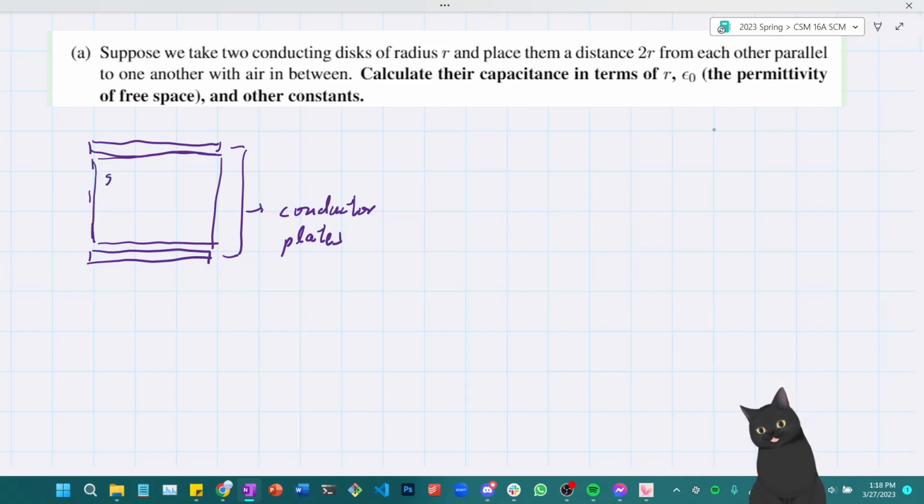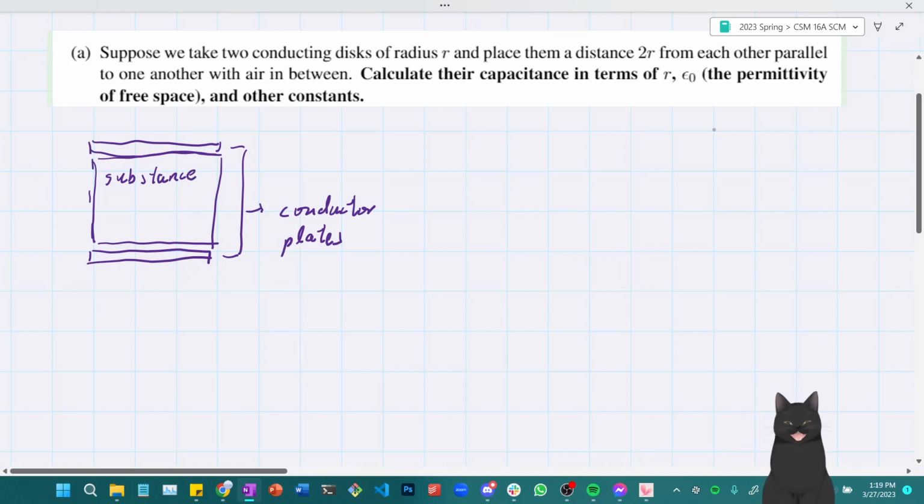And within these two plates there will be a substance, or a thing in between these two plates. A capacitor is supposed to store charges within the circuit, and this substance is going to help us store charges in the circuit.